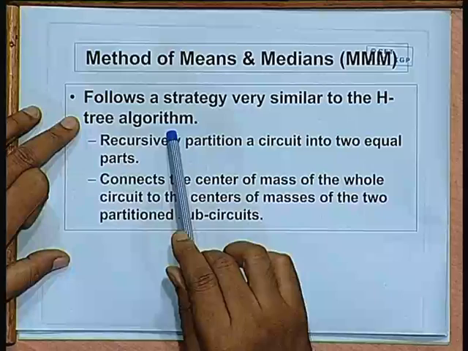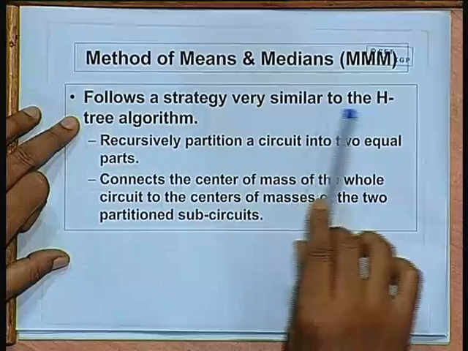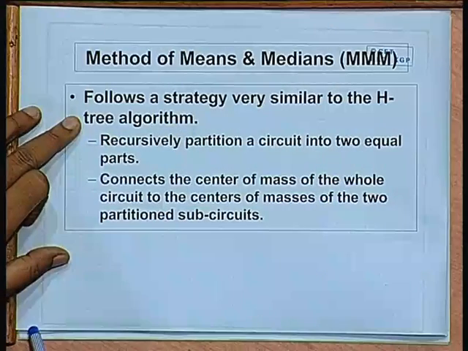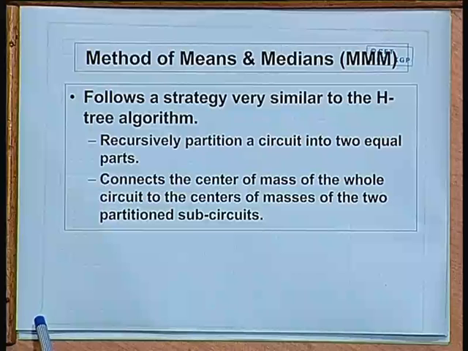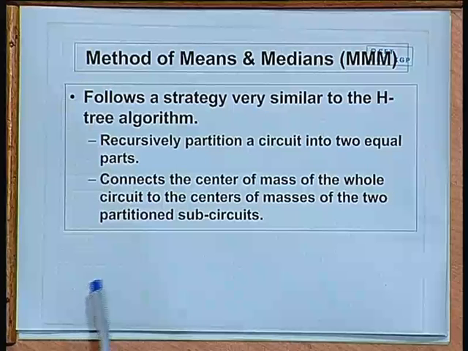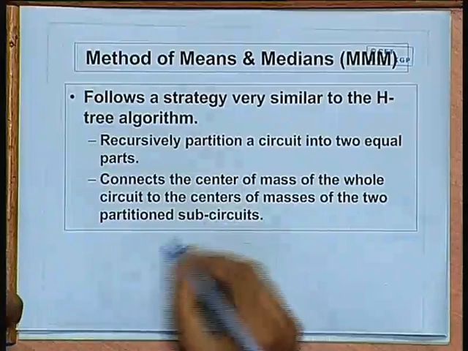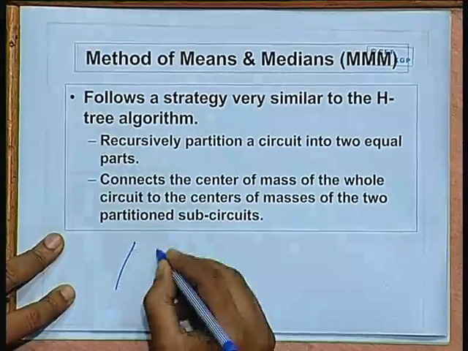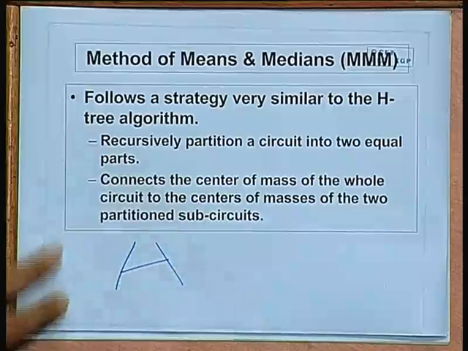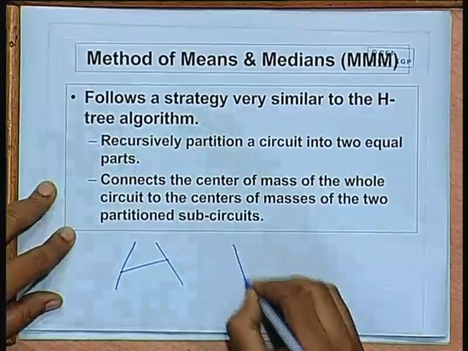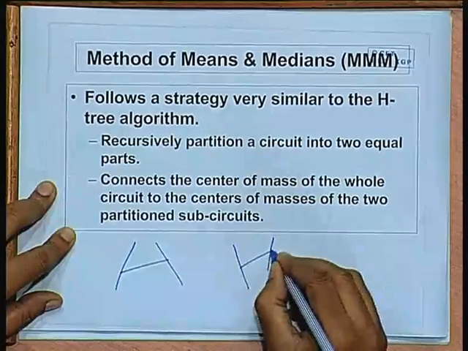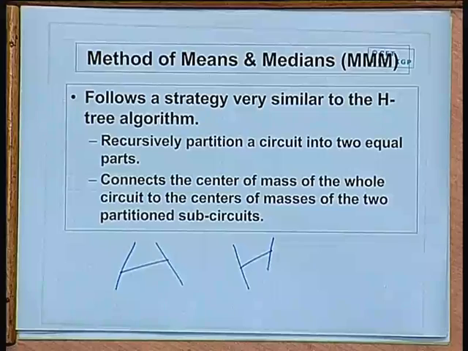Now, in concept, it follows a strategy very similar to the H-tree algorithm, but here the issue is that the arms of the H may not all be parallel. Well, depending on the requirement of the destination point, you can have an H which looks like this or like this. So, the shapes of the H's are not regular.